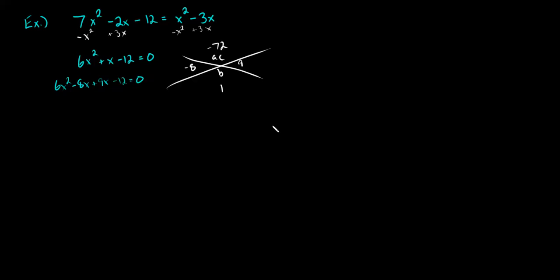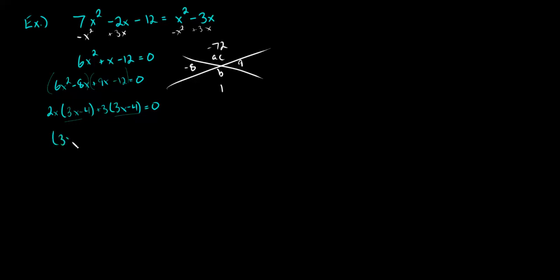Okay? So now I would go ahead and factor this by grouping. So I would be able to take out, let's see, we can take a 2x out here, which will leave us with 2x times a quantity of 3x minus 4. And then I could take out a positive 3 here, which will leave us with 3x minus 4. And as you can see, we have that common binomial. That's what we need.